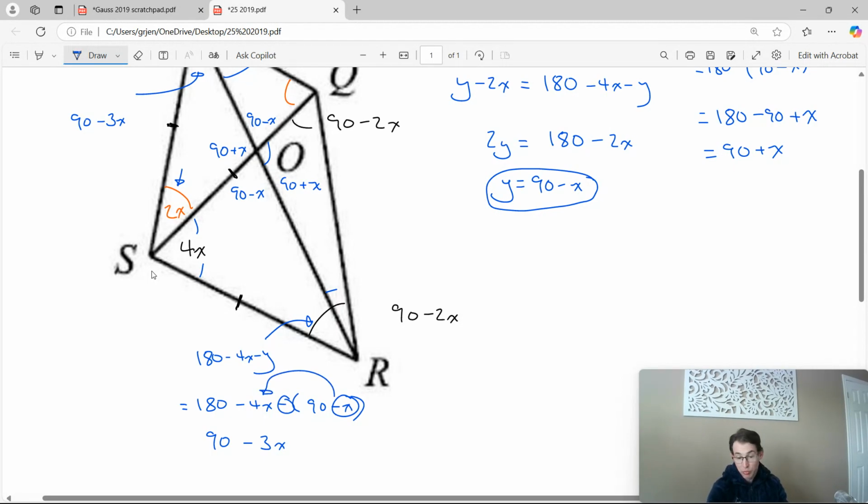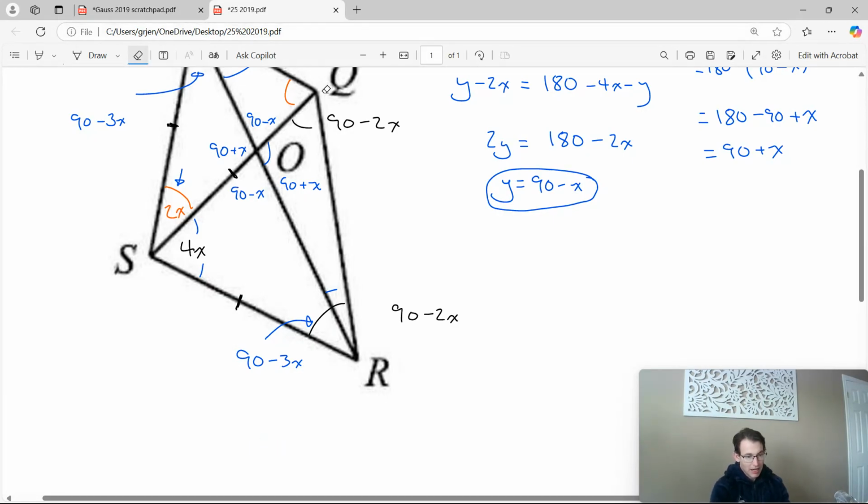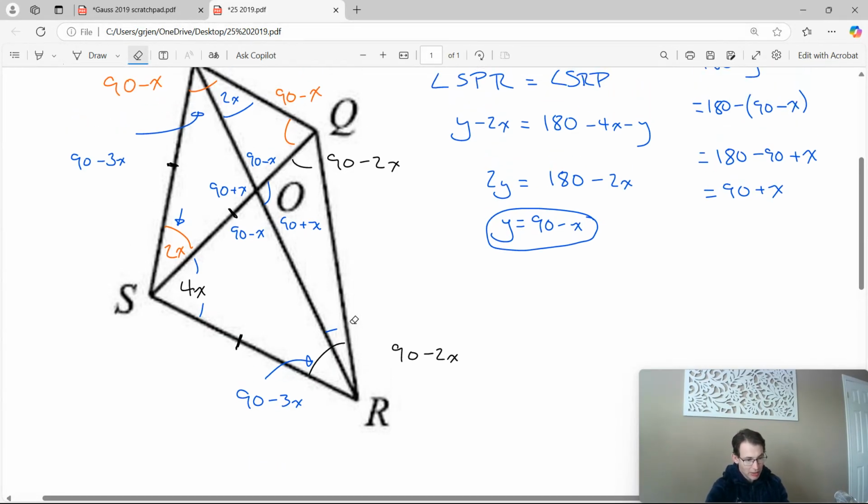So we have minus 4x plus 1x is 90 minus 3x. So let's just improve our diagram. We're just improving our diagram all over the place, aren't we? Write that up there. 90 minus 3x. Beauty. And then the whole thing is 90 minus 2x. So that makes this one up here just x. Dun, dun, dun. All of the angles have been solved in terms of x.